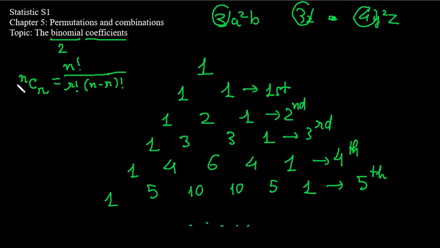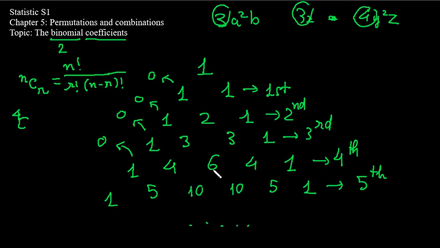Here, n is the number of the row, for example n is 4, and r is the position of a number in a line. We consider the 1 at the start to be position 0.